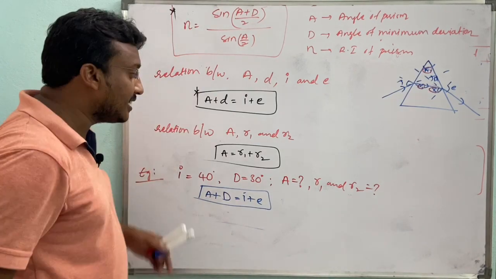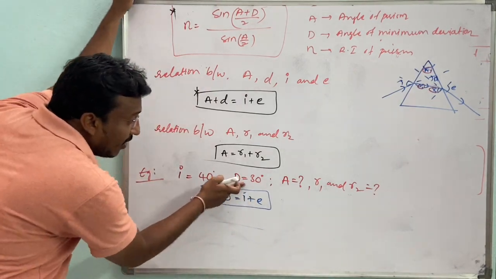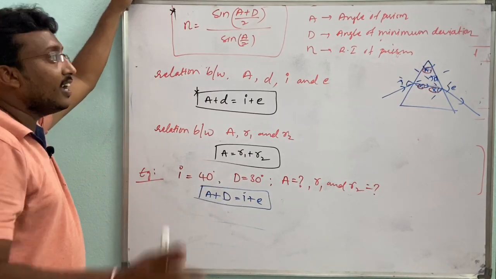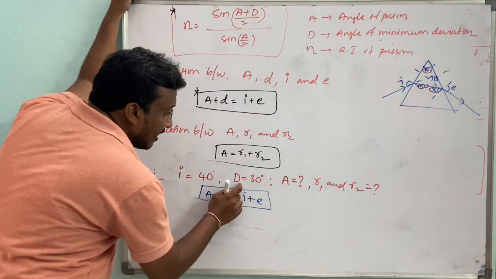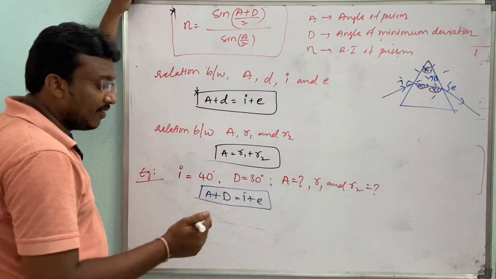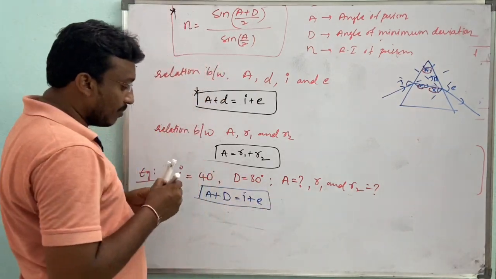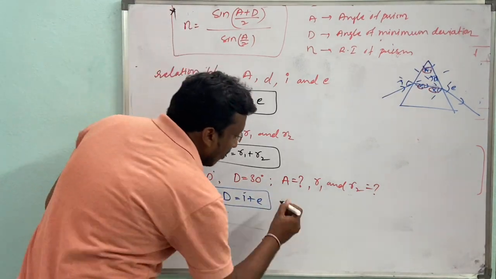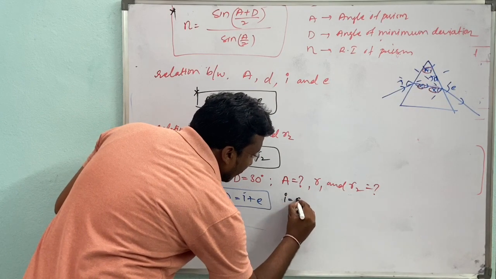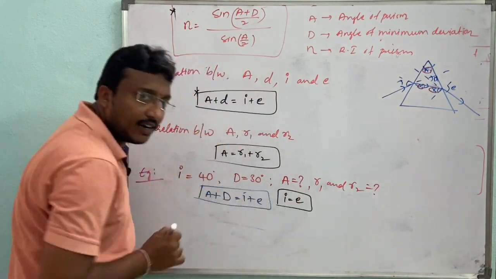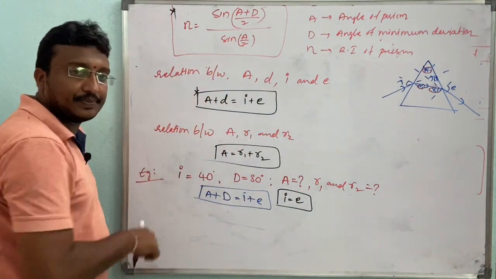Here one logic is given: angle of minimum deviation is given. We came to know that in the case of angle of minimum deviation, angle of incident is always equal to angle of emergent. We discussed that, right?